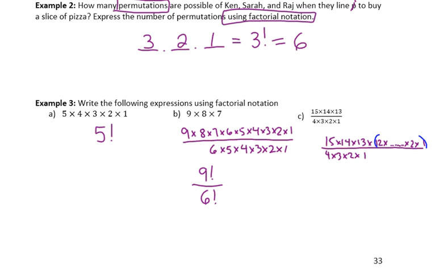So if I'm adding in the 12 times 11 times 10 times 9 times 8 and all the way to 1, I'm going to have to add it into the bottom. 12 times 11 times 2 times 1. So on the numerator, how could we write the numerator now? There we go. What would that be now?